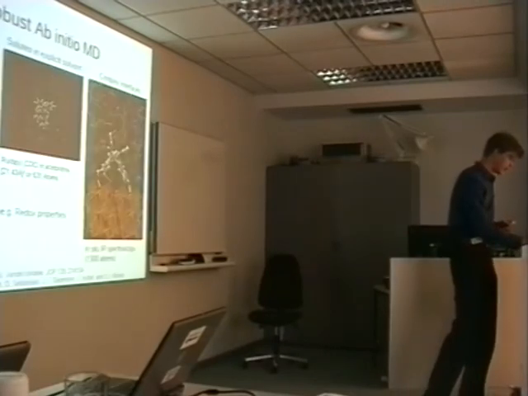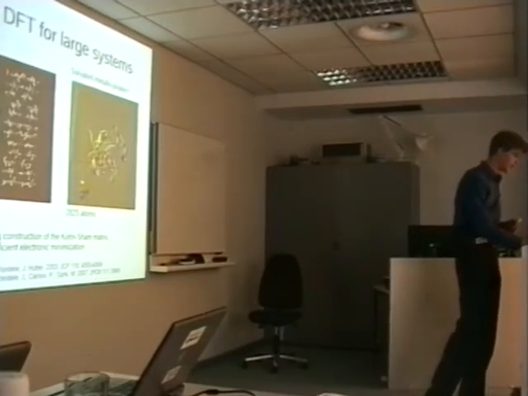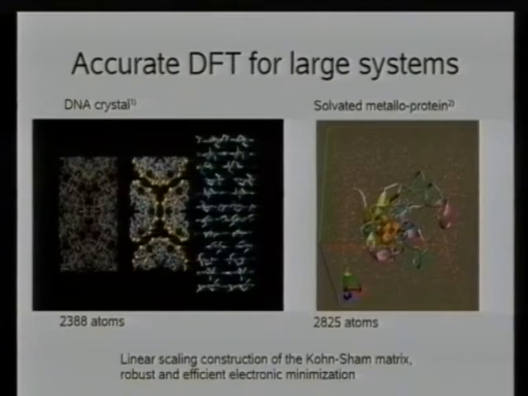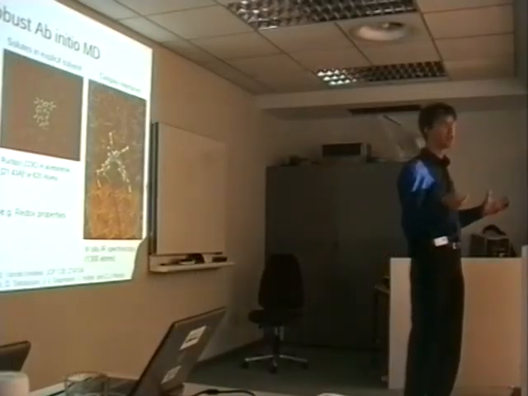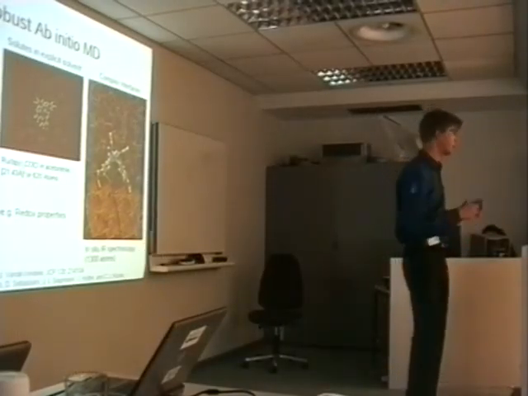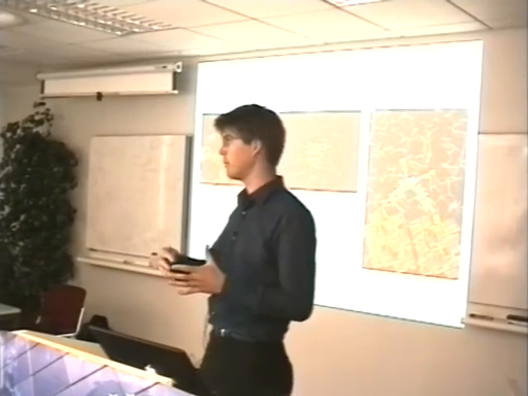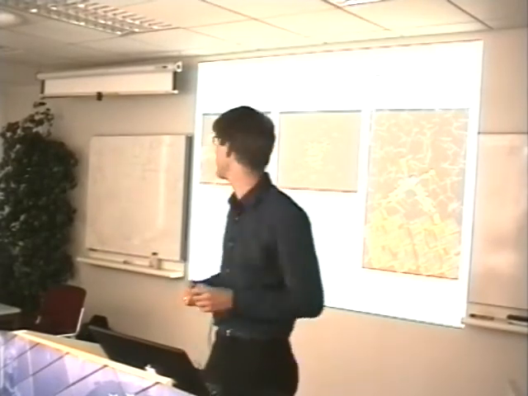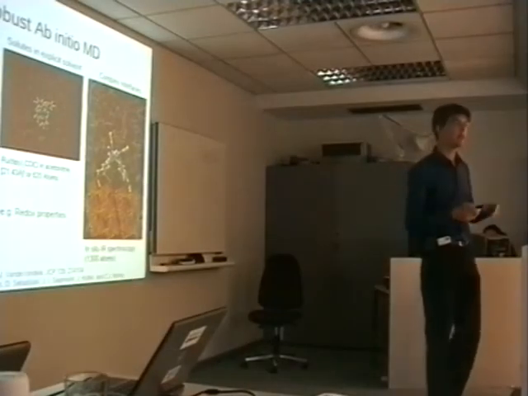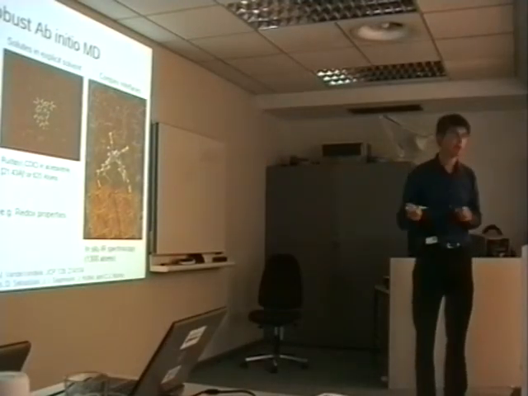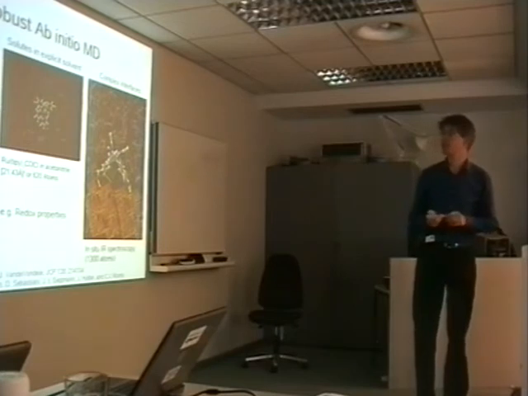Now, maybe more important for science are not really large systems, but the capability to do ab initio molecular dynamics simulations, that is, to study the time evolution of your system by computing energies and forces and propagating your system in time. And with that, we can do something that is called a simple liquid. Liquid water is presumably the most nasty and most difficult liquid to simulate, which is, of course, very important.